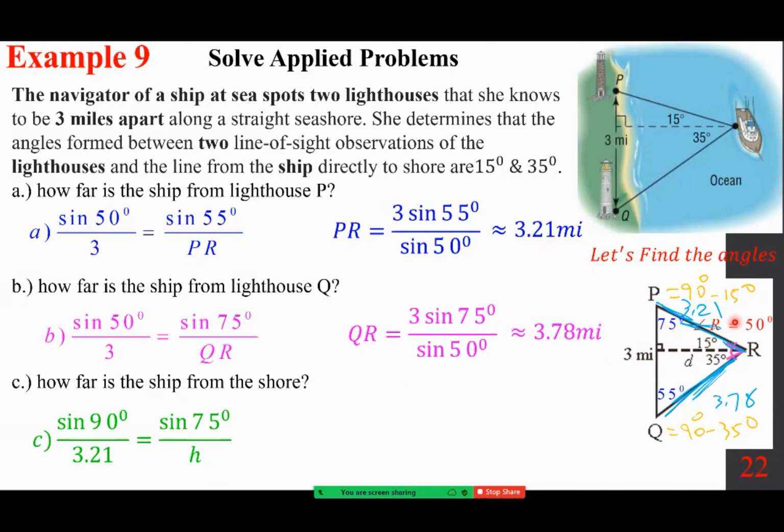So again, maybe I draw this. So I'm looking at this one. This is H. So H is 3.21 times sine of 75 divided by sine 90, which we know to be 1, by the way. Sine 90 is 1, and the answer is 3.1 miles.